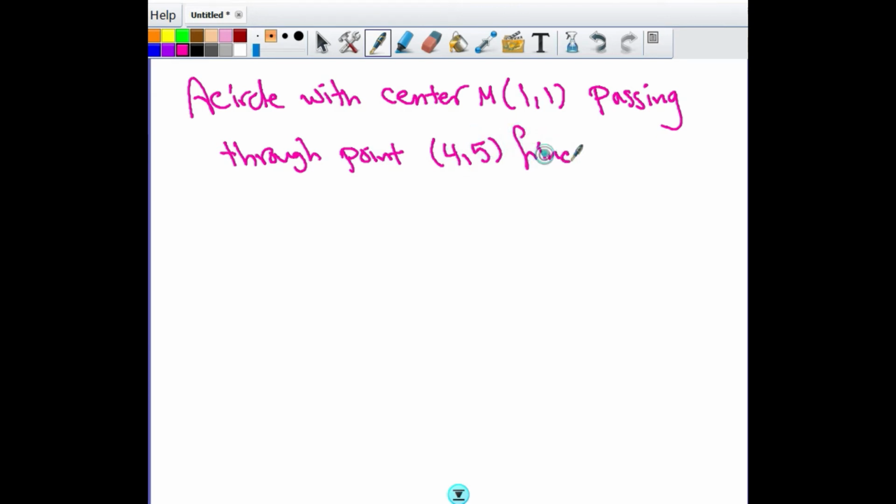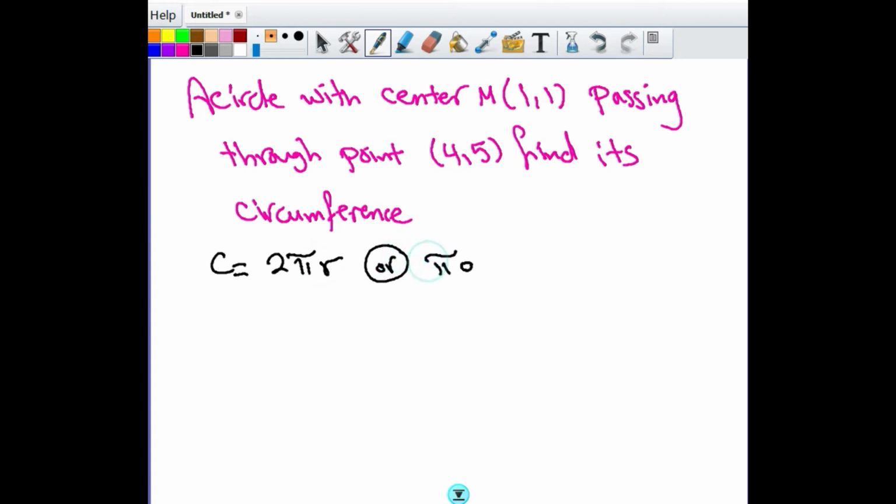Find its circumference. To find the circumference, remember with me, what is the circumference of a circle? The circumference equals 2 pi r or pi times d. According to the given, we use the rule. In any geometric exercise, you must draw to understand it.